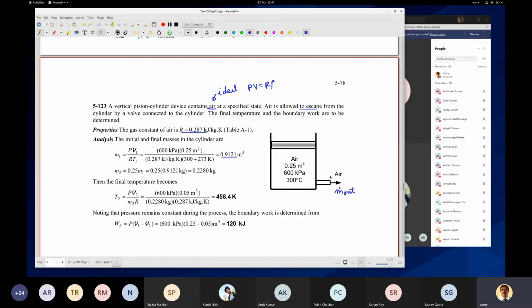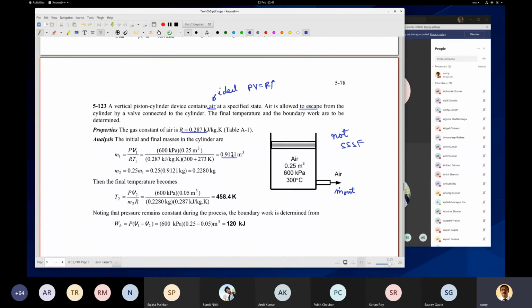So it is not steady state, steady flow. It's not steady, so inside there is a change. Previously we were mostly discussing steady state, steady flow, where inlet is the same as outlet. Here there is only outlet, no inlet.